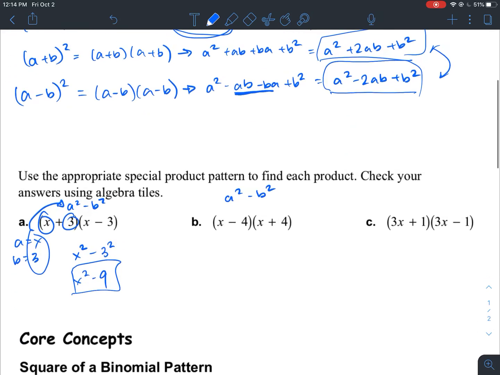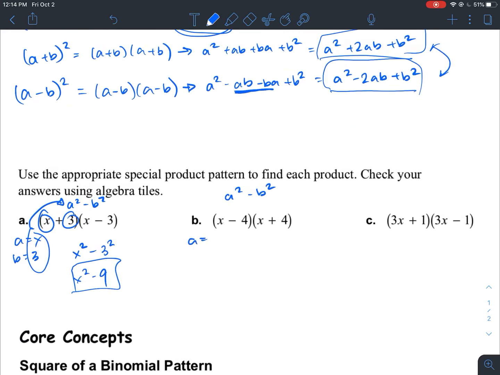So when that happens, in this specific example, a is equal to x, and b is equal to 4. So then if we use our equation up here, we get x squared minus 4 squared, x squared minus 16.